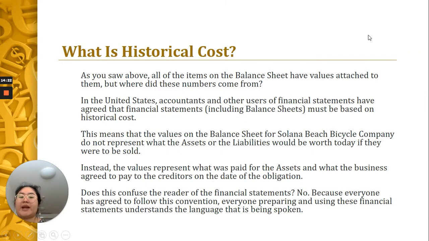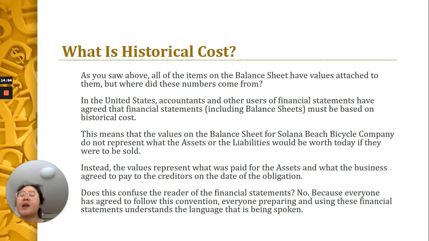In the United States, accountants and other users of financial statements have agreed that financial statements, which include the income statement, balance sheet, statement of retained earnings, and statement of cash flows, must be based on historical cost.